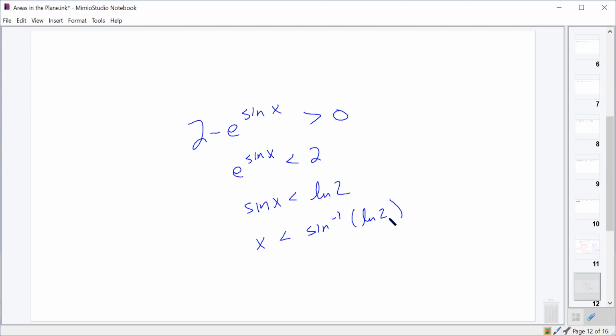No, I think that's it. x just has to be less than the inverse sine of the natural log of 2. And greater than, what does that need to be greater than?